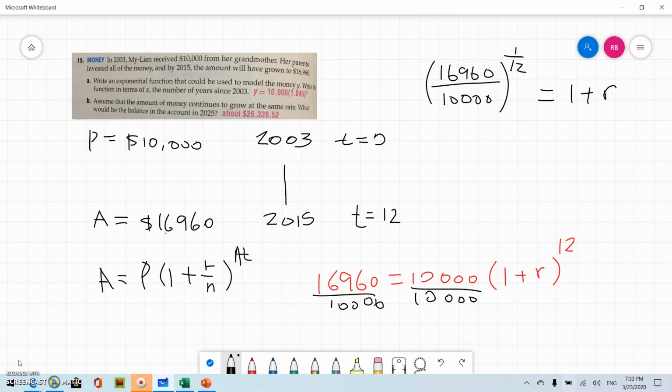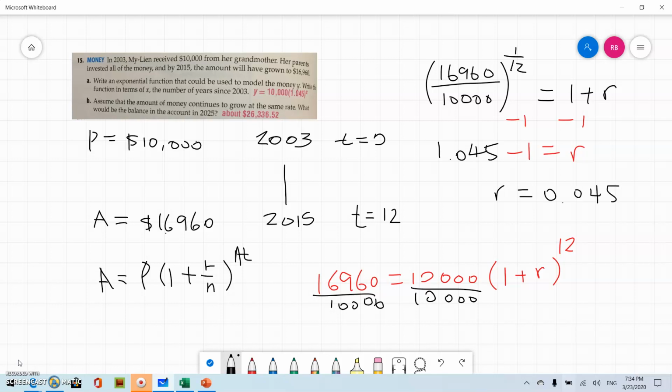So I'm going to plug it into my calculator to figure out what the left side number is. And it's 1.045-ish. So then I subtract 1 from both sides. So then r is just 0.045.